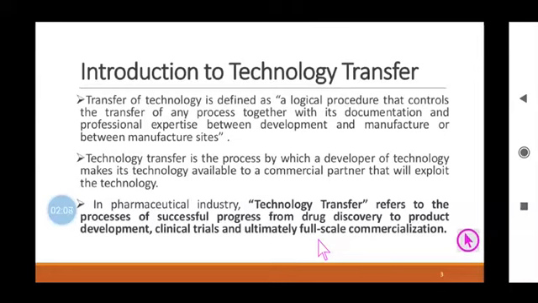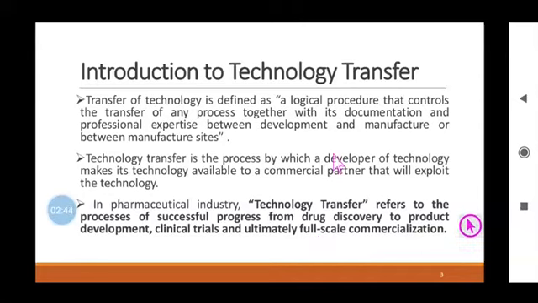Sometimes it is the transfer of the process even from one country to another country. So there is a logical procedure required for this kind of procedure to take place, so that successful transfer would be there. Unless we have the skill of having such a successful transfer, it will not be possible to expand the business.